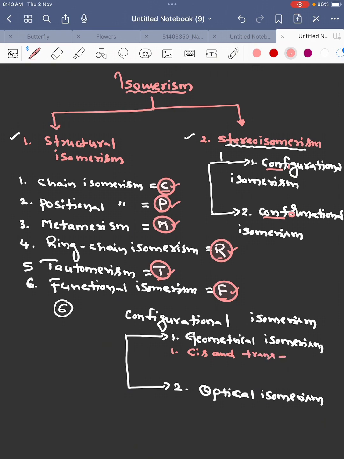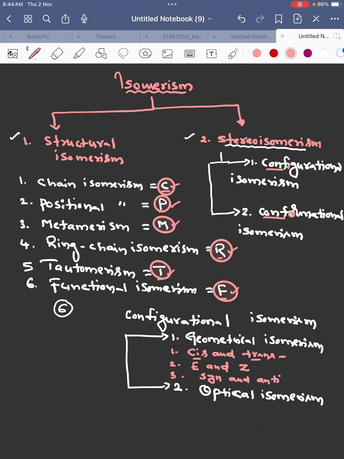You know the meaning of cis: cis is nothing but same side. Trans means opposite side. Second, we are going to study E and Z nomenclature. E is the analog of trans. Z is the analog of cis. Third is syn and anti.